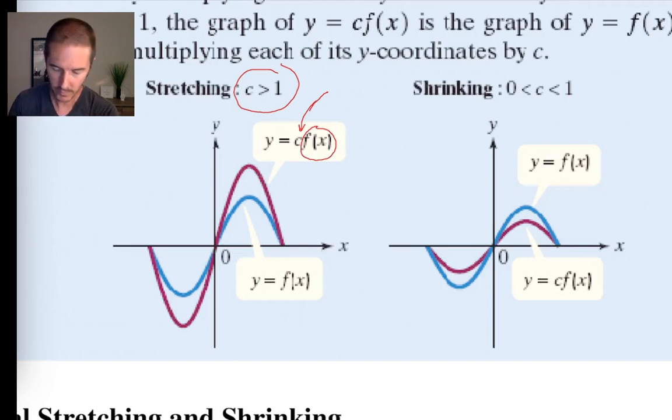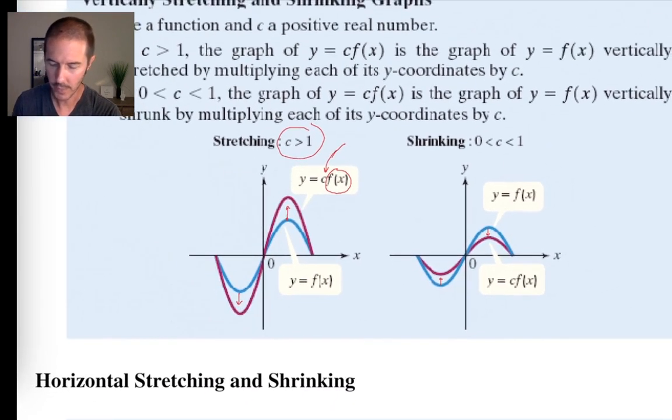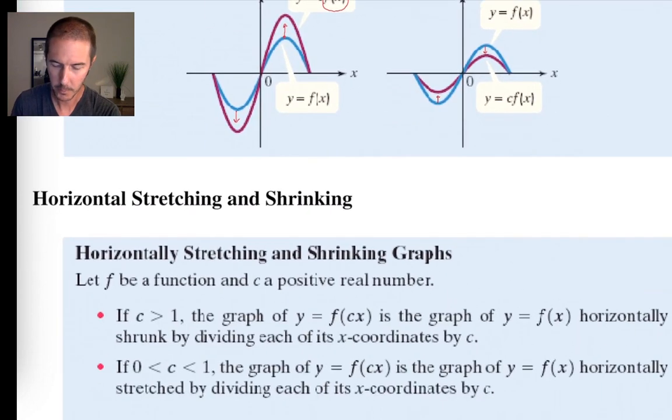And you can see that the stretch did multiply our negative y values and make them more negative, in addition to taking our positive y values and making them more positive. The same thing's happening for a shrink, except that our negative y values are getting less negative and our positive y values are becoming less positive in a vertical shrink. But again, our x values did not change for any points on those curves.